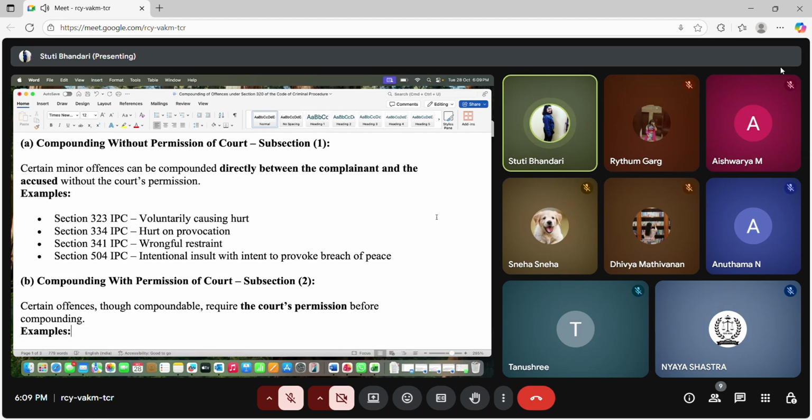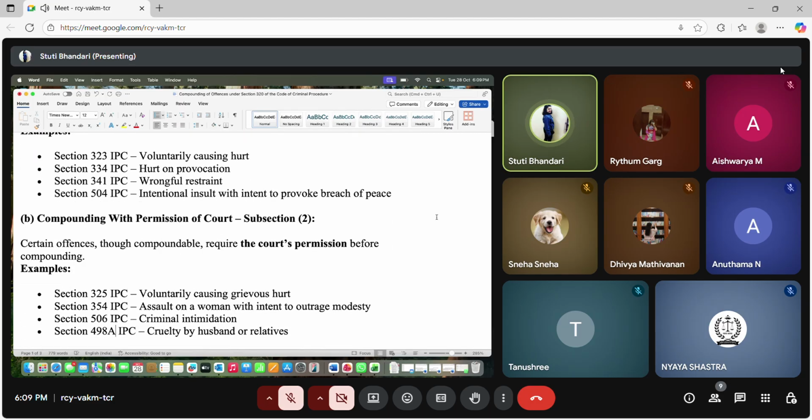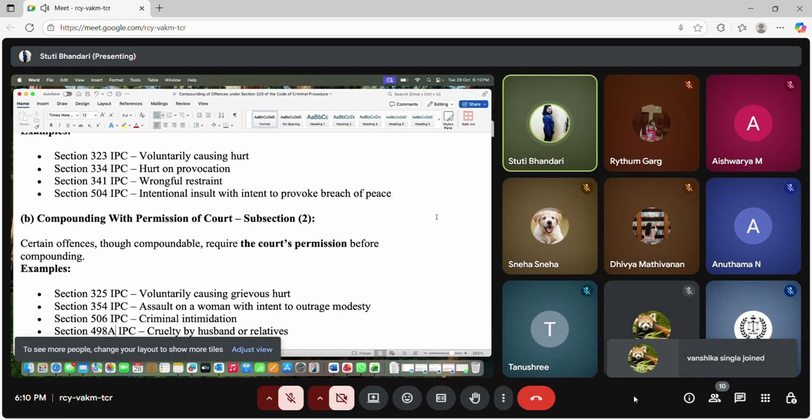Now coming to the next part, compounding with permission of the court. These are not serious offences but middle ones, not even minor, not serious. They come in the middle, a bit more serious form of minor offences. You can compound them, but before compounding or negotiating with the other party, you have to take the permission of the court.